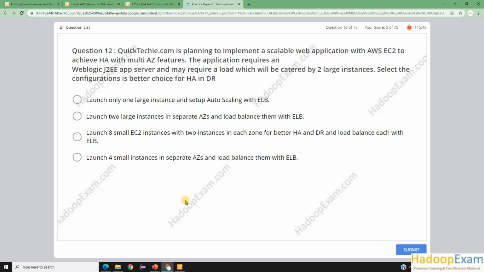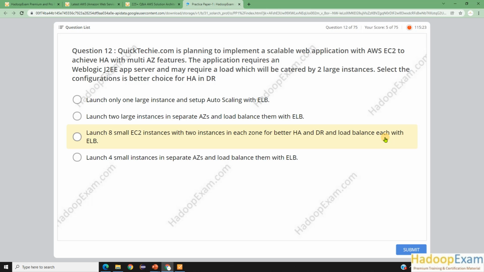So let me first explain the question, what it is asking, and then we will go to the explanation and come back to the answer. Let me draw here. quicktechie.com is an organization, correct? This organization is planning to implement a scalable web application using EC2 instances, achieving high availability with multiple AZ features.